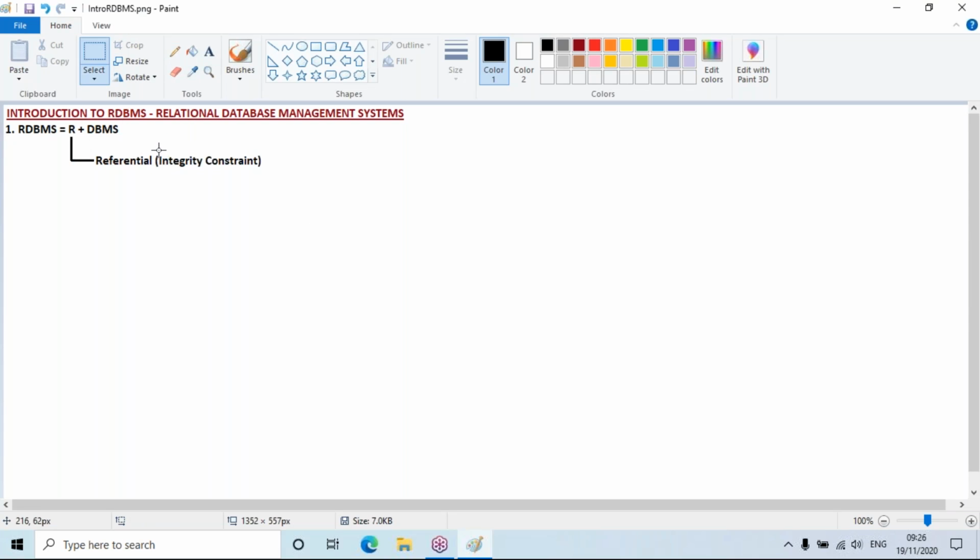In coming classes, when we are into Oracle, we have a topic to study called constraints. In that topic, we'll discuss in detail about this referential. And what is referential used for?